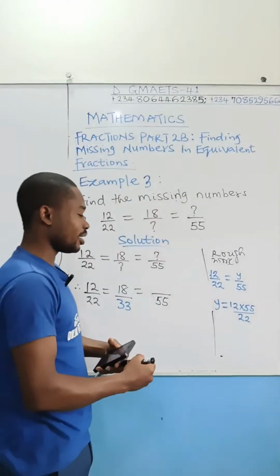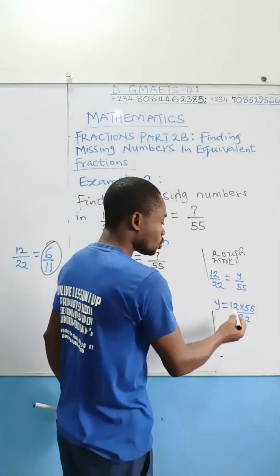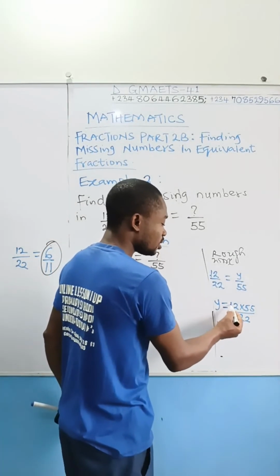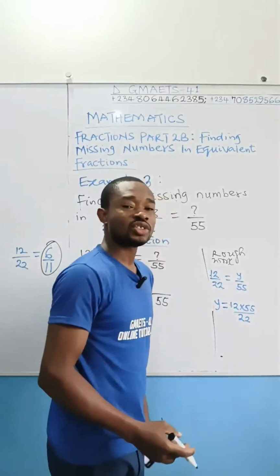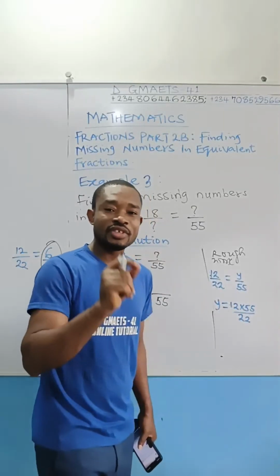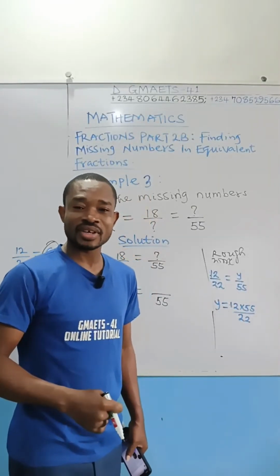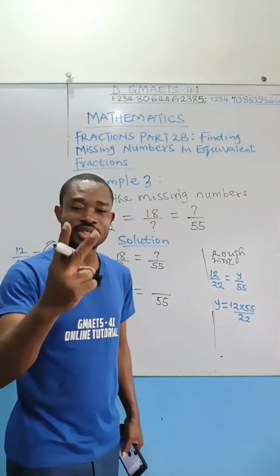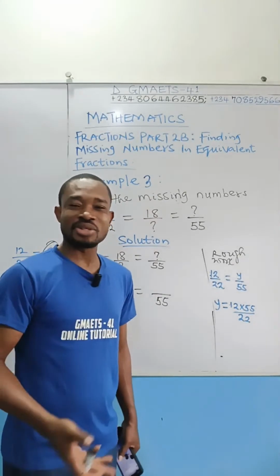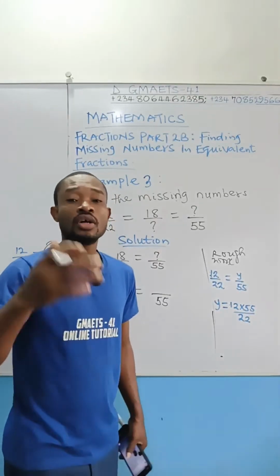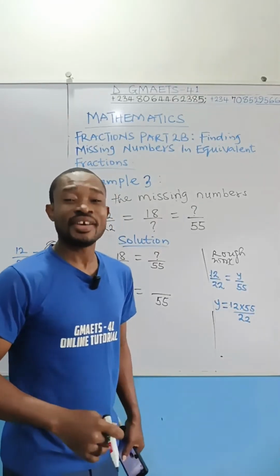You don't waste time. Let us reduce. If you come to this 55 and 22, if you have the same number together, 11 can always divide it. Two the same digits together, 11 can divide it. 55, 22, 33, 44, 88, 11 can divide such numbers.